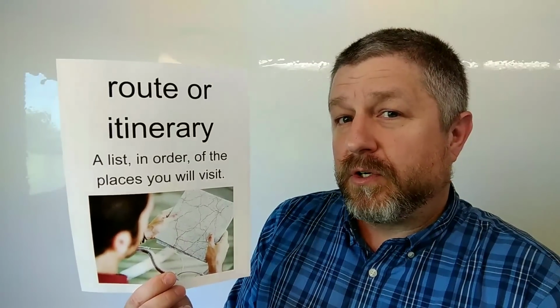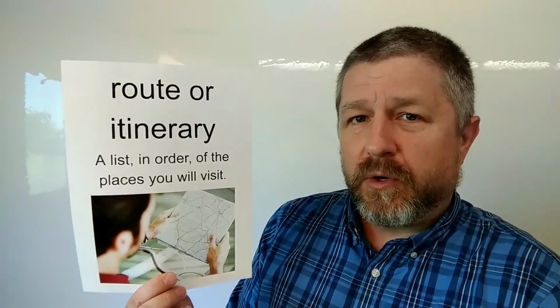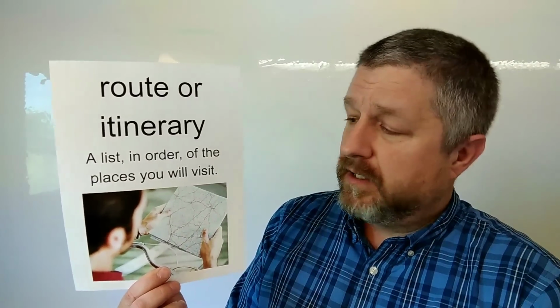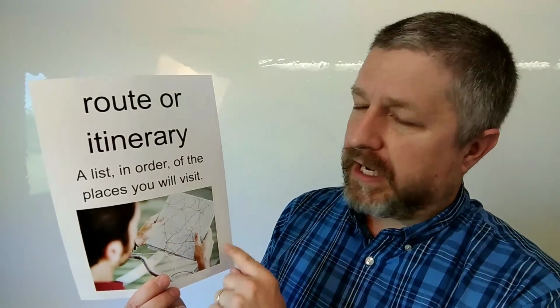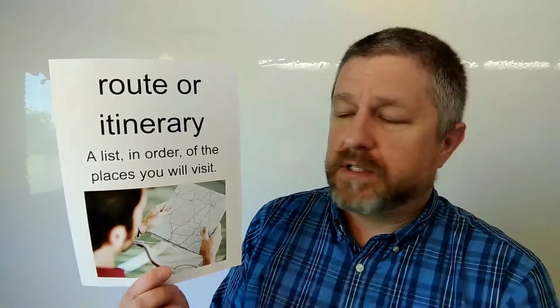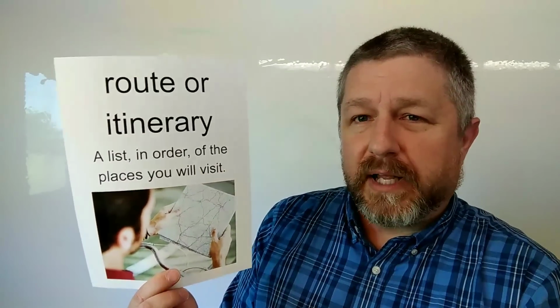So sometimes you're going on a trip and you're going to visit multiple cities. So let's say I was going to go to Paris, and then Amsterdam, and then London. So the route that I would take would be Paris, Amsterdam, London, and the itinerary would list the things that I am doing while I am visiting those cities. So this is kind of the written plan for what you are doing on your trip.